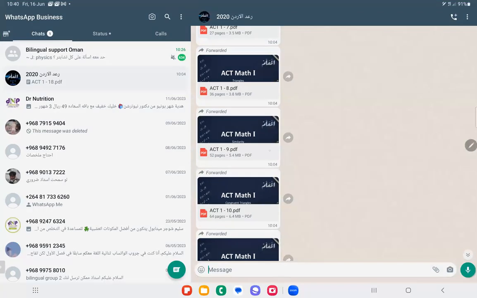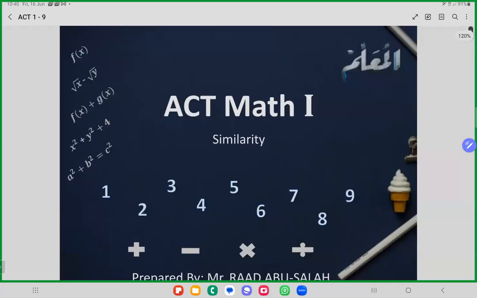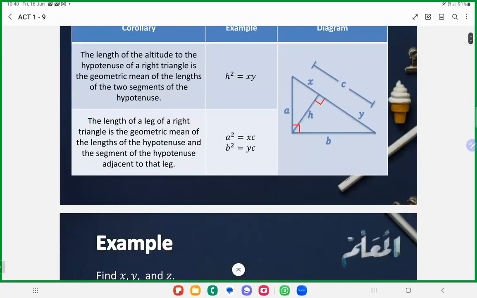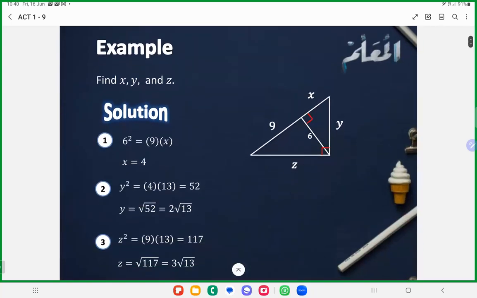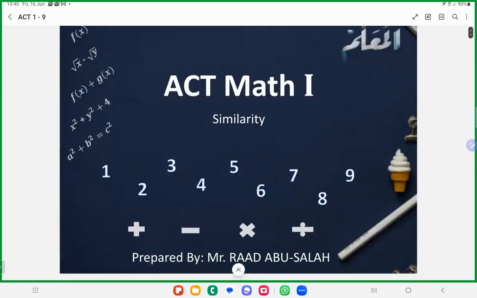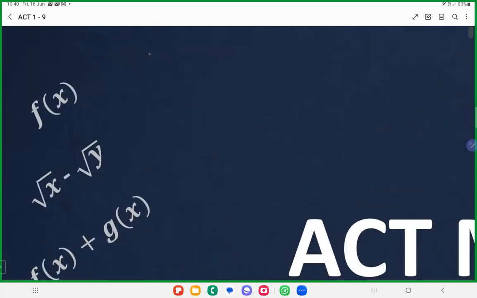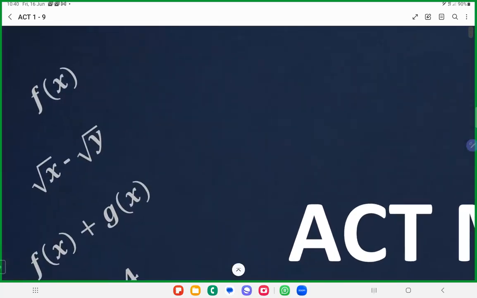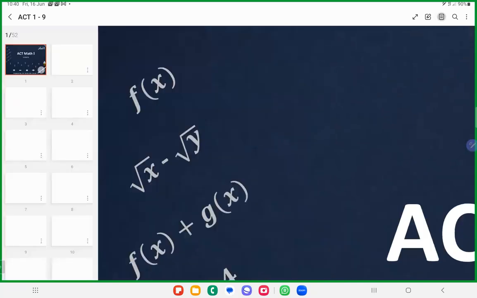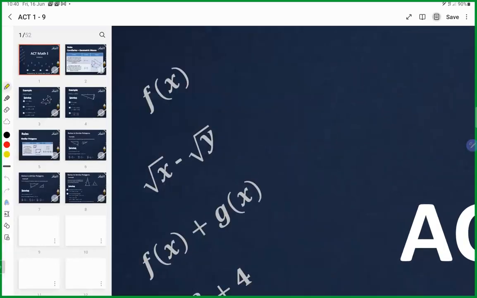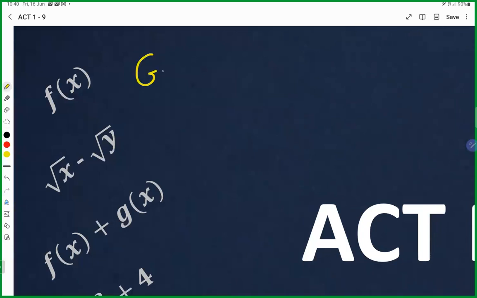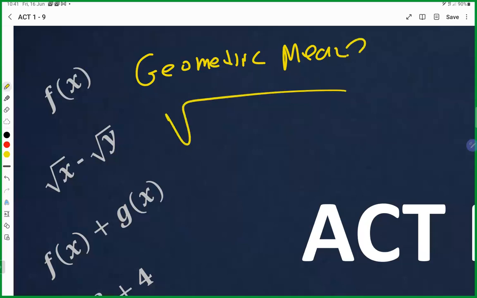Let's jump to chapter 9. A very important chapter. There's something called geometric mean. Geometric mean means the square root of the multiplication of two numbers.